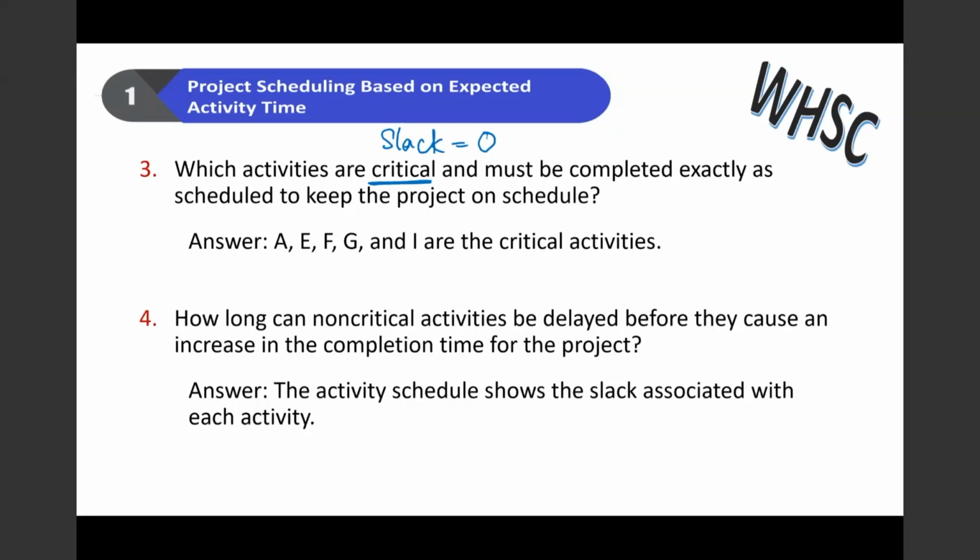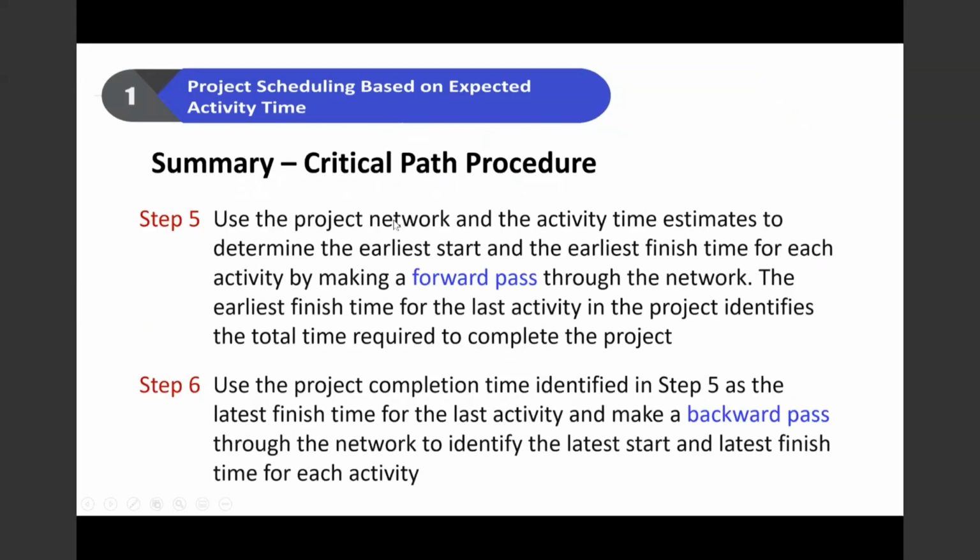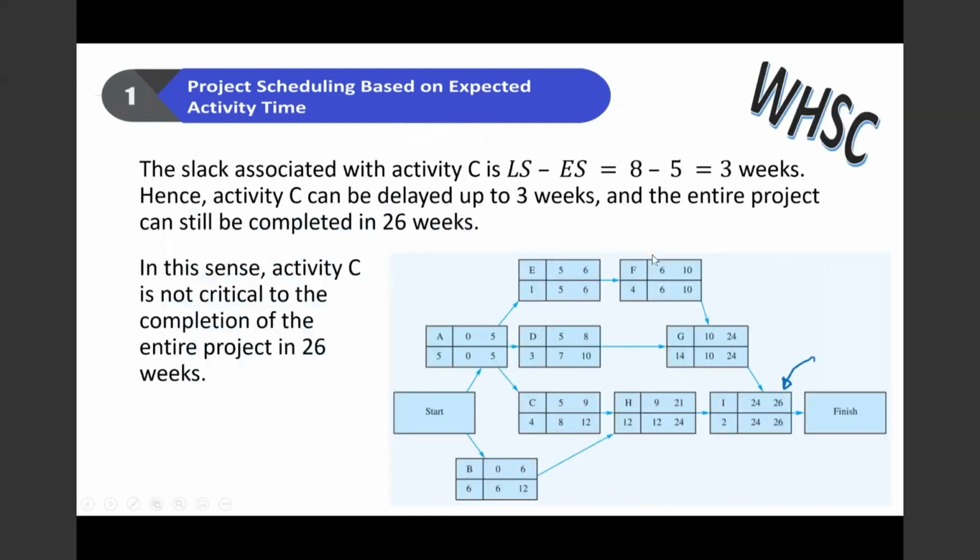How long can non-critical activities be delayed before they cause an increase in the completion time for the project? In this case, if I look at this project network, let's say activity D. Activity D's early start is week 5 and the latest start is week 7.